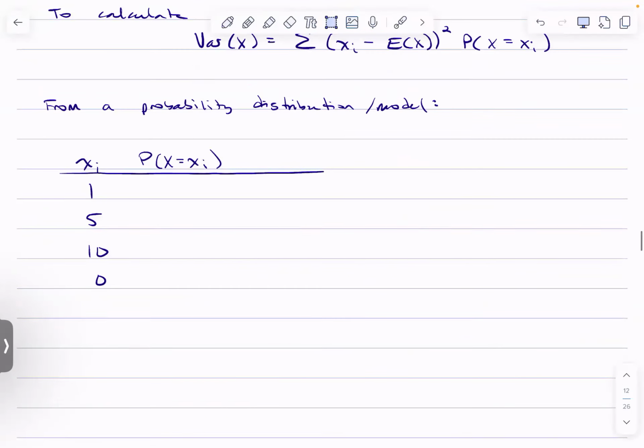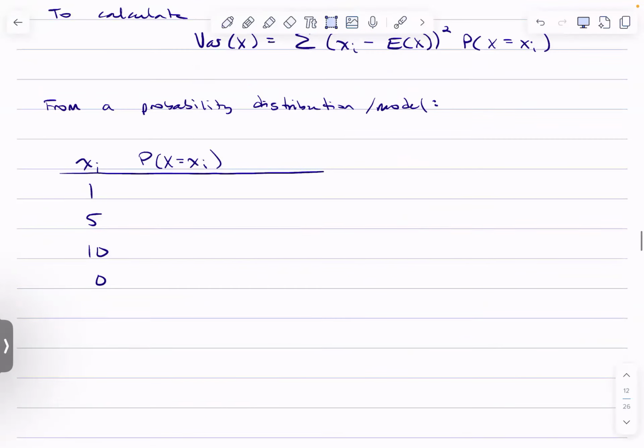And so now we need to make a new column where 2 is calculate xi minus the expected value of x for each x, and the expected value of x is 0.81 for each of these.